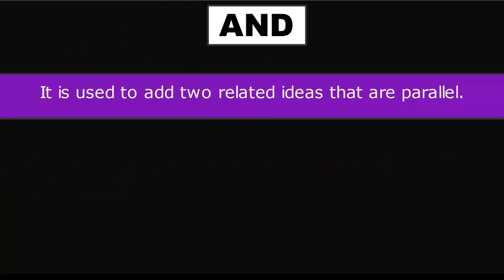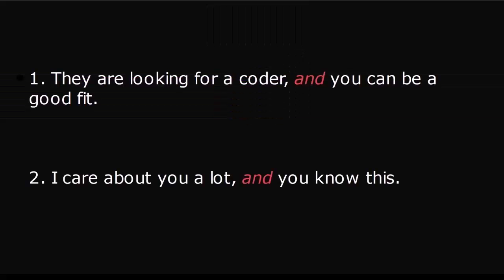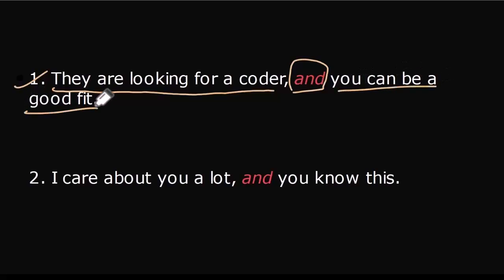Number two, and. As a coordinating conjunction, and is used to add two related ideas that are parallel and equally important. Let me show you some examples. Example number one: they are looking for a coder, and you can be a good fit.